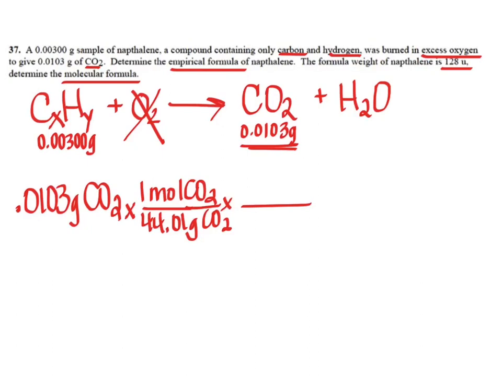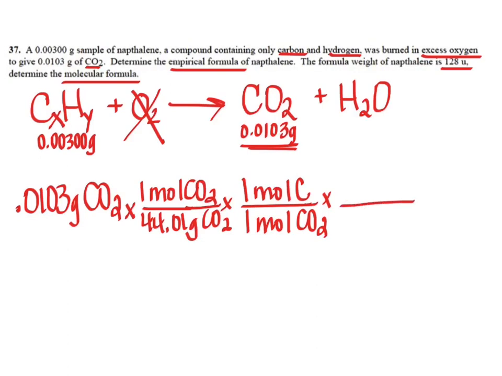Okay. If I have 1 mole of carbon dioxide, how many moles of carbon are there? I need to get to grams of carbon. How am I going to get to grams of carbon? If I have 1 mole of carbon dioxide, how many moles of carbon do I have? 1. So, in 1 mole of carbon dioxide, there is 1 mole of carbon.